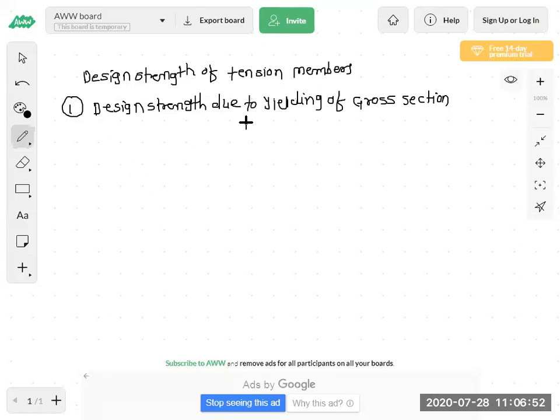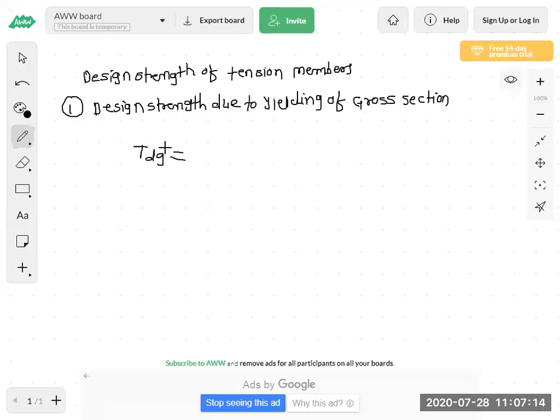So first, design strength due to yielding of cross section. We can calculate that strength by using the formula Tdg. The meaning of Tdg is design tensile strength for yielding of cross section.